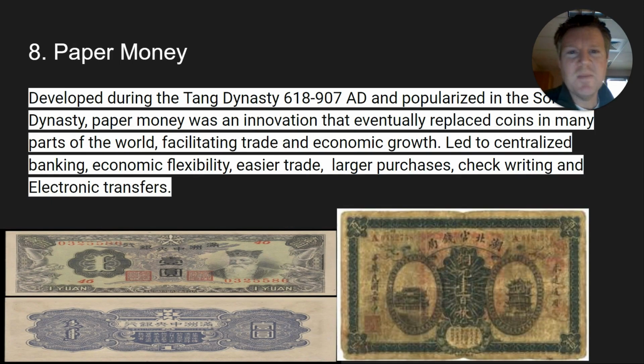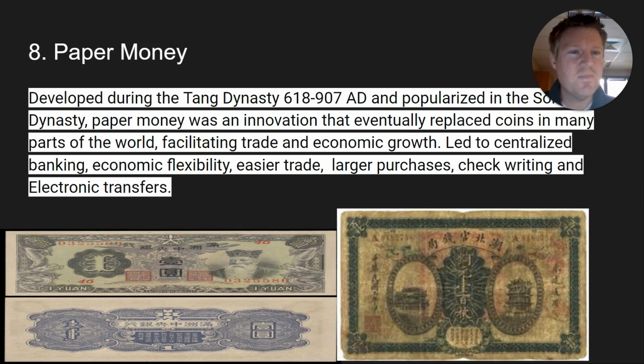Number 8, paper money. The history of paper money started in China during the Tang Dynasty around the year 618. Unfortunately, none of this paper money is still around. The earliest paper money that we still have today is from the 1200s, but it was popularized in the Song Dynasty.